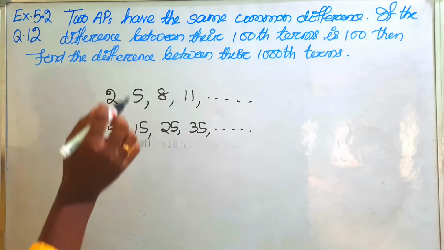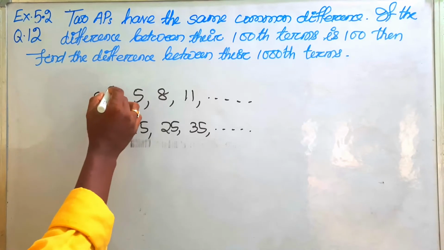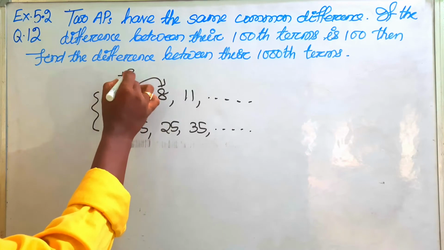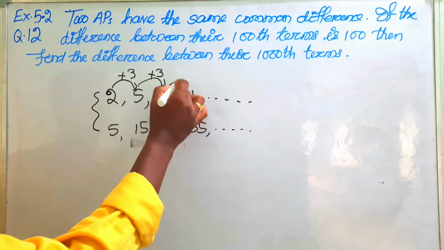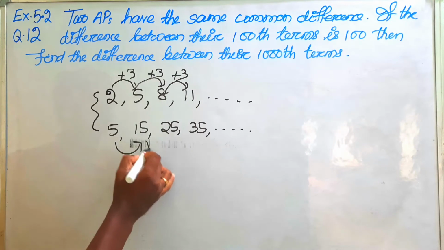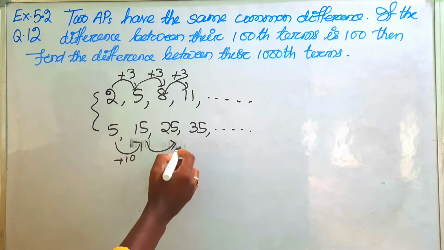Now look guys, if you look at this example, here the common difference is 3, but here the common difference is 10. Clear? There is an increment of 10.